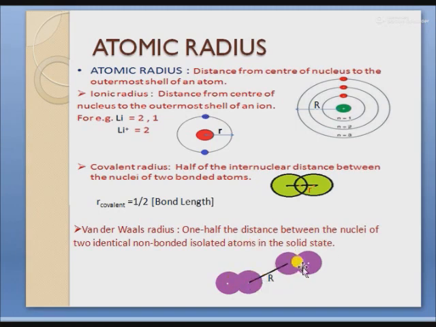Here are two molecules which are identical, and this solid line joining the nuclei, the centers of the two molecules, is called the internuclear distance, and half of this distance is called the van der Waals radius. This is also called the inert gas radius because noble gases form van der Waals radius.